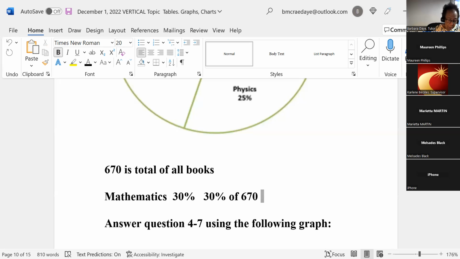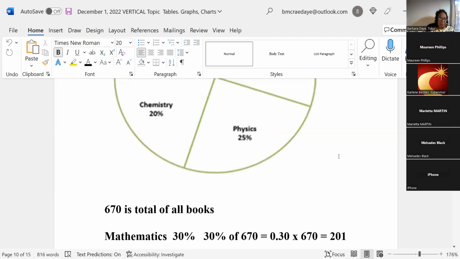If you see "of", you're multiplying. So you change the percent to a decimal, multiply it by 670, and you get what Mercedes said, 201. That's your answer: 201 mathematics books.